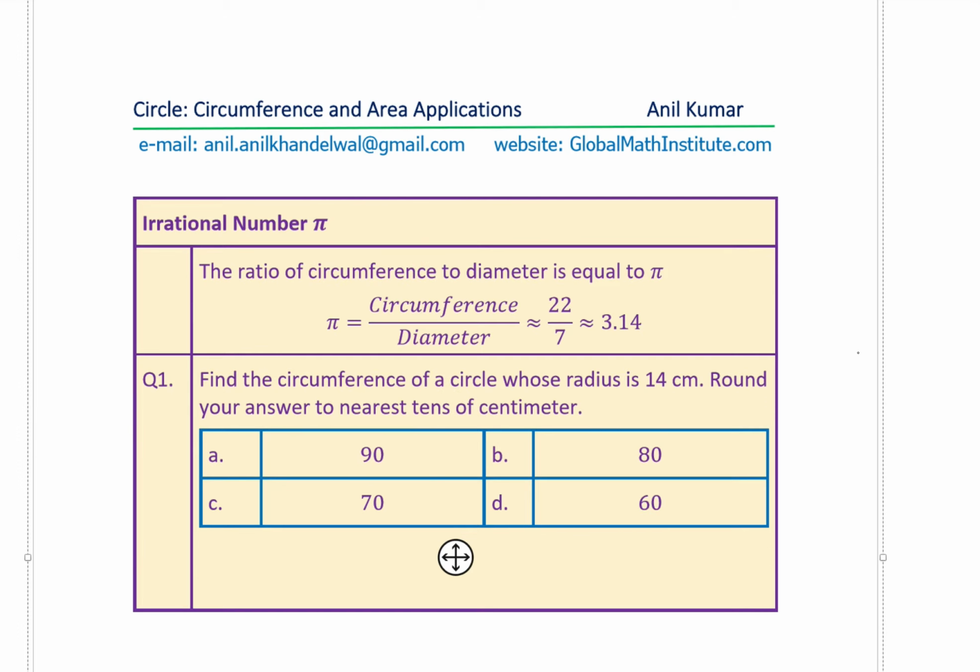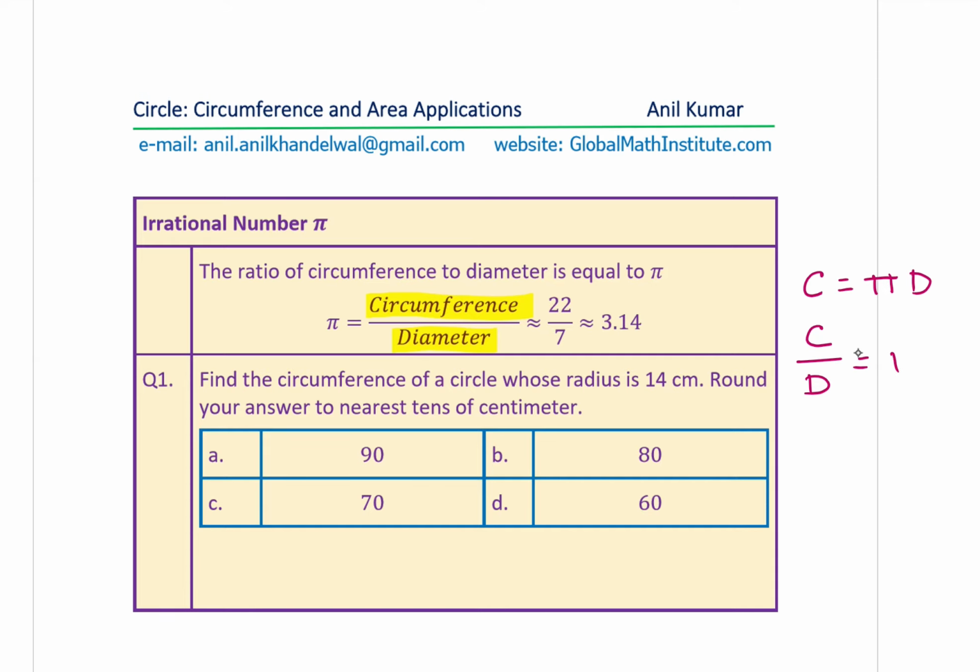Now pi, what is pi? As you know, pi is defined by circumference over diameter. Well, do you really know that? Yes, we know that the circumference C is equal to pi times the diameter D, right? And therefore, I could rearrange this and write C divided by the diameter is equal to pi.